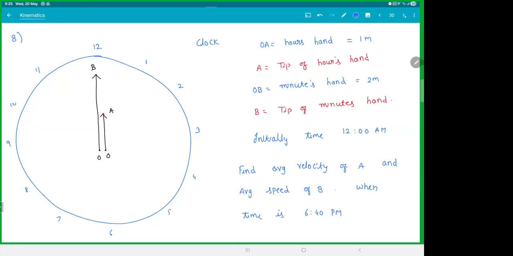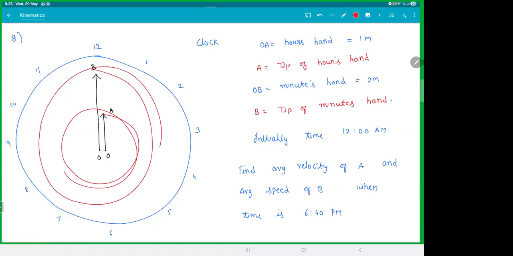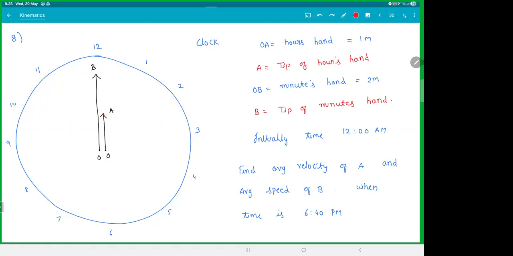Just to give a little more context, how will A and B travel? A will go in a circle. B is also going in a circle. You know your regular clock. Initially, time is 12 midnight. Now the time is 6:40 p.m. So this point A and point B are going in circles, 1 meter and 2 meter. Find the average velocity of A and average speed of B when the time is 6:40.